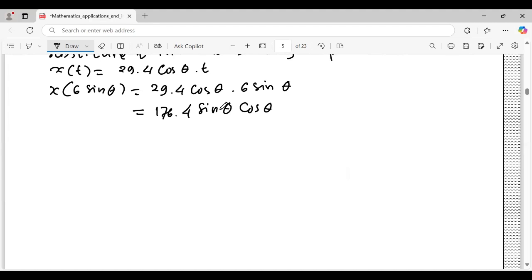So the horizontal distance x when the T-shirt hits the ground is given by this expression, 176.4 sine theta cosine theta, as requested.